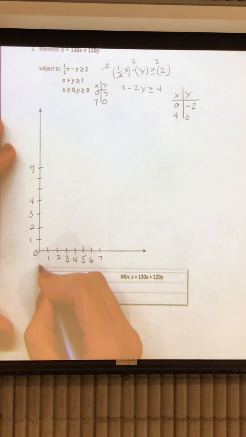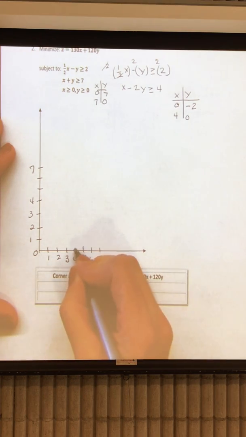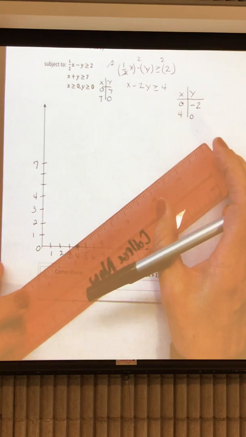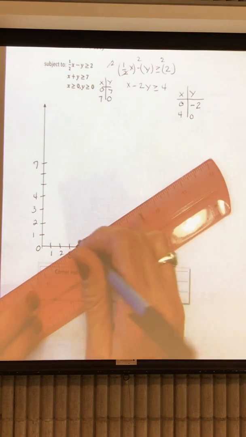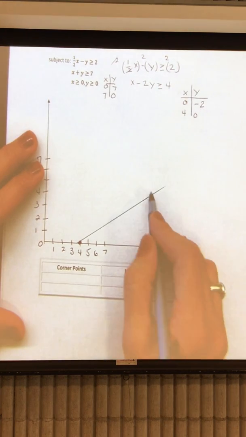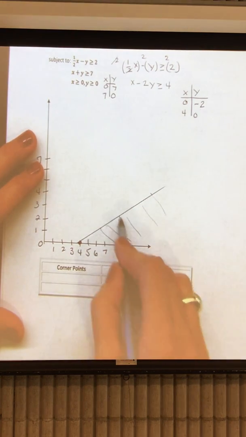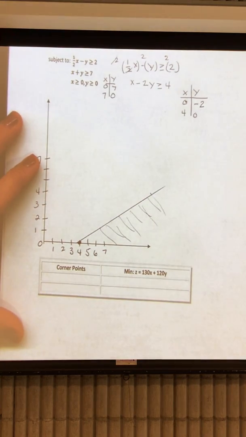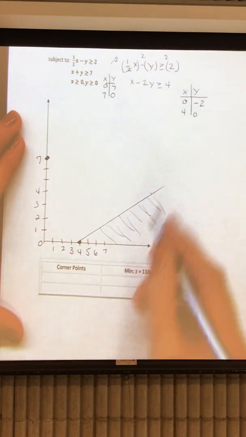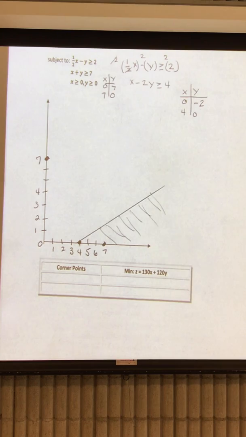So 0, negative 2 is somewhere down here. And 4, 0 is there. So drawing that line looks something like that. And greater than or equal to is to the right. Now the second table, we have 0, 7, 7, 0.